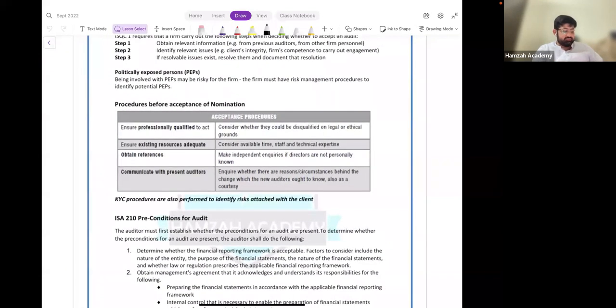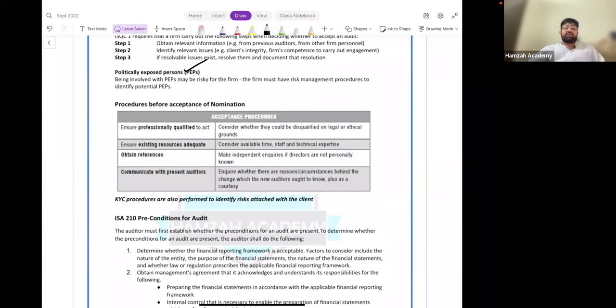So students, once things are settled, as I explained in another way, it might be possible that the client's management is a politically exposed person. Politically exposed persons are very risky, politicians especially.